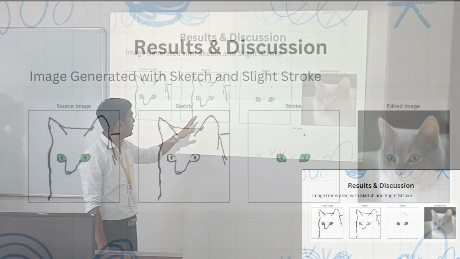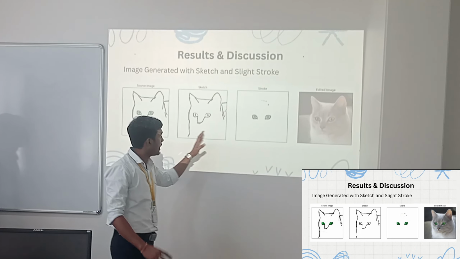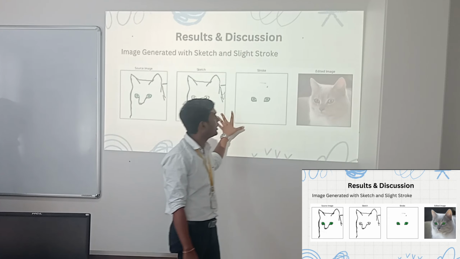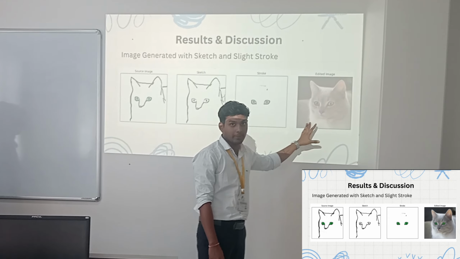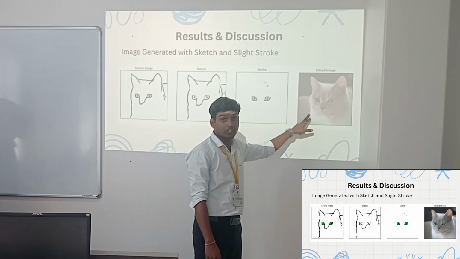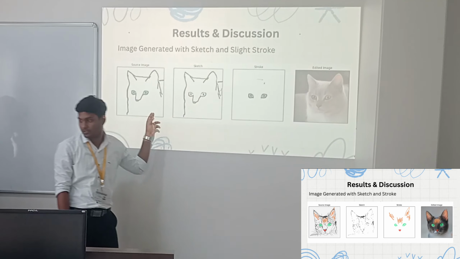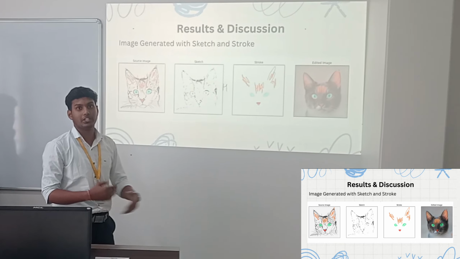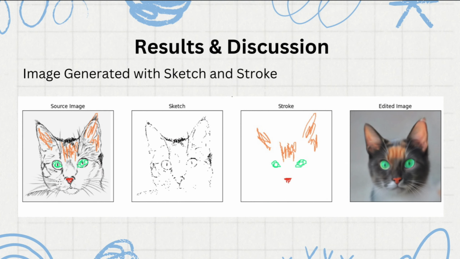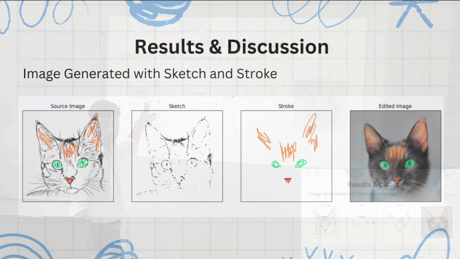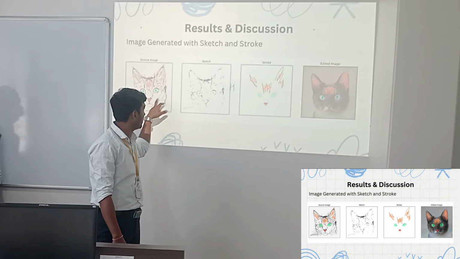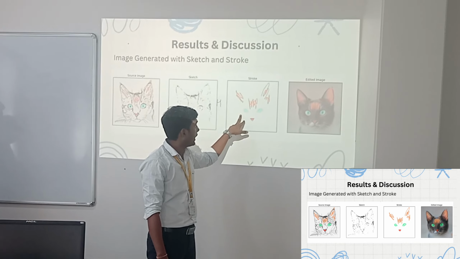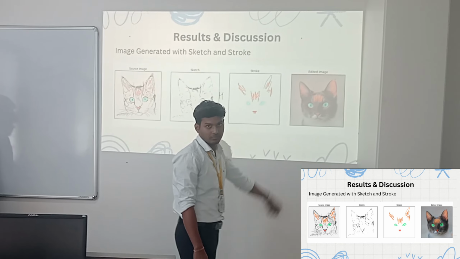We can see that over here it has extracted a sketch, and over here it has extracted a stroke, and based on these parameters it has generated the realistic image, which totally resembles the sketch we provided. Now coming to the third result, here we have given slightly more stroke. We can see that the stroke is present in orange, green and red. First it extracts the sketch and then the stroke, and then it produces the realistic image.